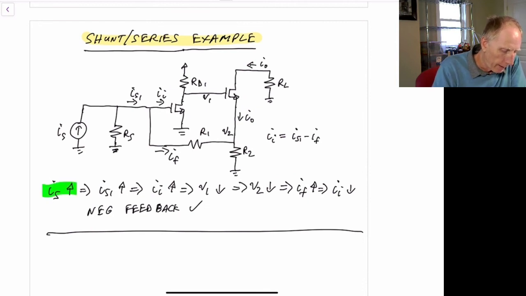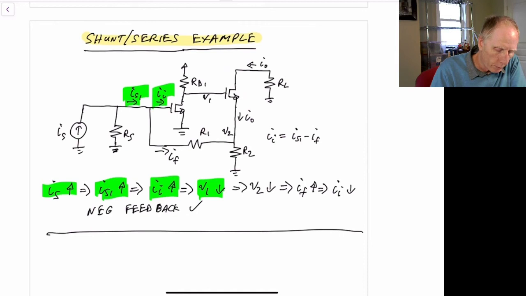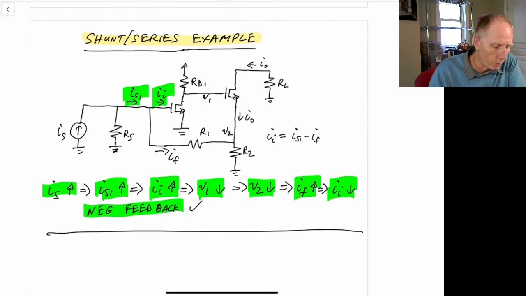I sub S increases, which will increase this current, which will increase the error current. That will decrease V sub 1, which will then, because this is a non-inverting from V sub 1 to V sub 2, V sub 2 will also decrease. A decrease in V sub 2 will increase I sub F, which will decrease I sub I. So we have negative feedback, as we would hope to have, and it would be stable.